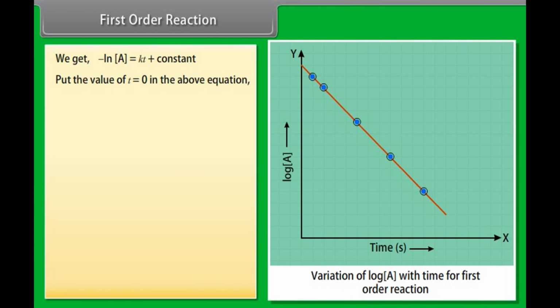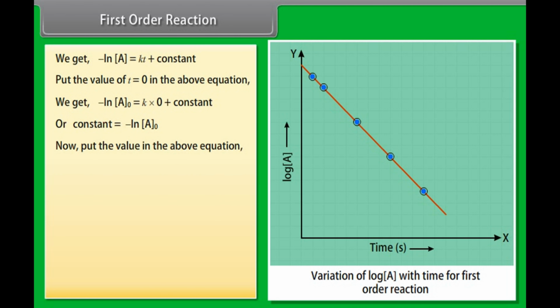Put the value of t is equal to 0 in the above equation, and we get constant is equal to minus natural log of A naught. Now put the value in the above equation and we get minus natural log of A is equal to Kt minus natural log of A naught.